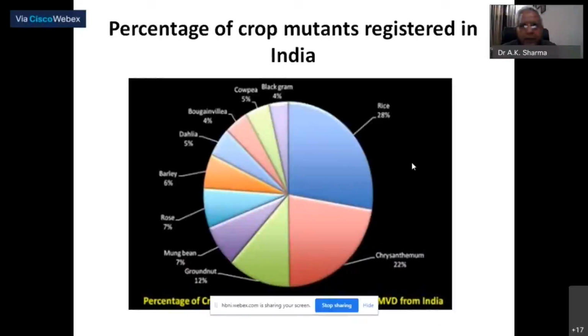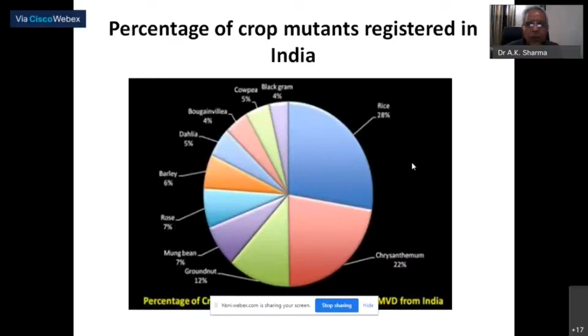Then in India, you know that we have a very strong mutation breeding program. We have also registered about 28% in rice, 12% in groundnut, chrysanthemum 22, mung bean 7. We also have black gram mutants.